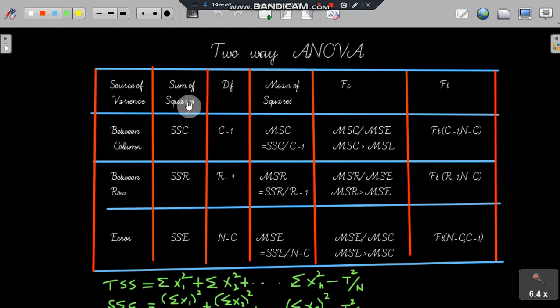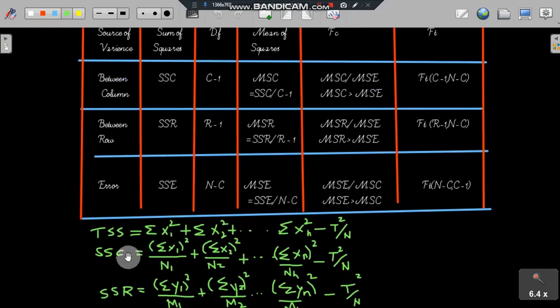Second column, sum of squares. Between columns we say sum of squares column wise. There is a formula, now look at that. This is the formula we have already discussed: summation x1 squared by n1 plus summation x2 squared by n2 plus dot dot dot plus summation xn squared by n, minus T squared by n.